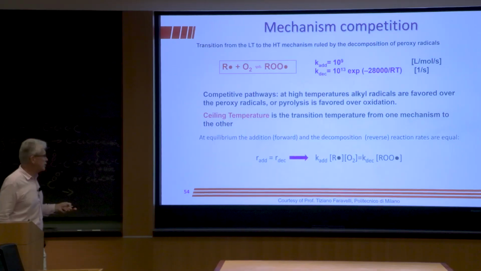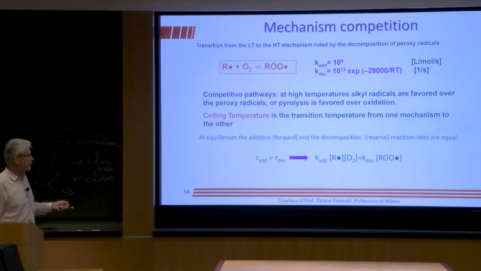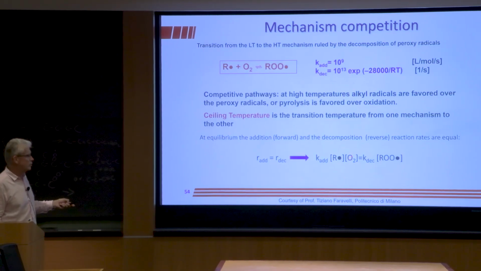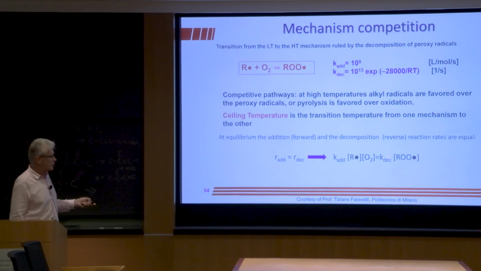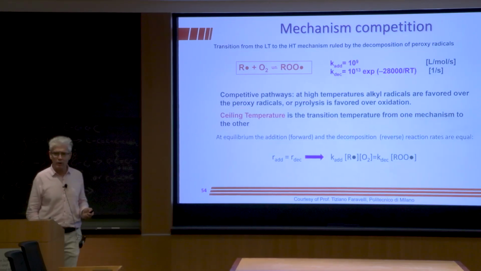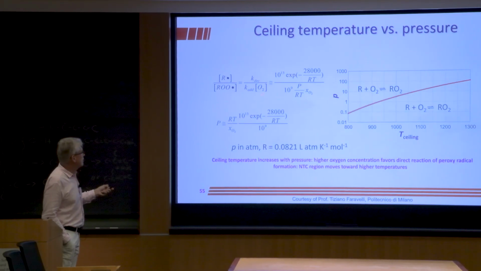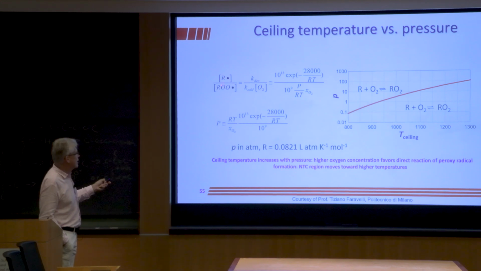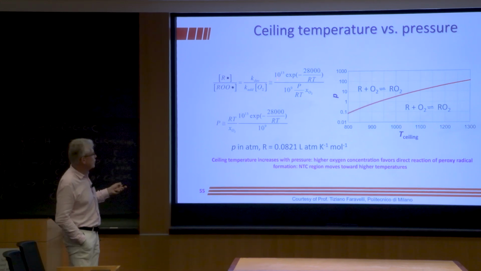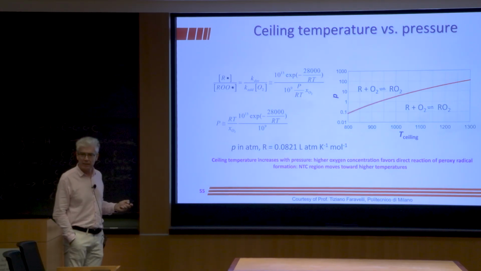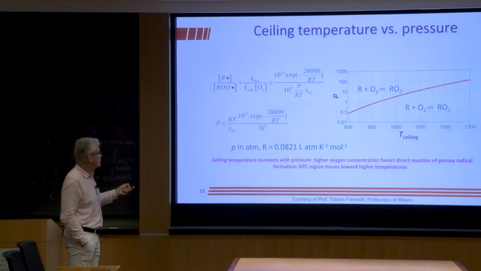At equilibrium, the addition forward and decomposition reverse reaction rates are equal. So the rate constant for addition times the concentration of R times the concentration of O2 is equal to the rate constant for dissociation times the concentration of RO2. So if we rearrange that equation, we can write it like this. That's approximately equal to, if we put in the rate constants, these numbers here.